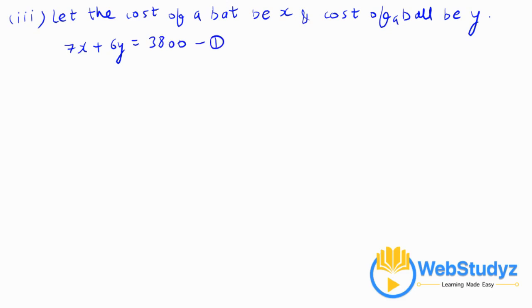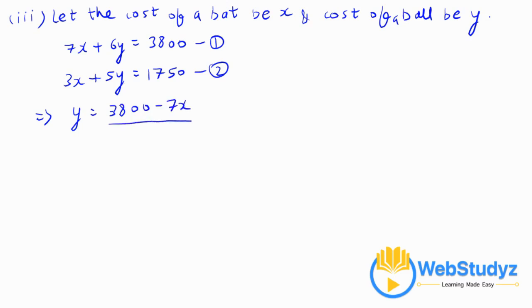This is our first condition. And second is 3x plus 5y equals 1750. This is our second condition. From first, we get the value of y as (3800 minus 7x) divided by 6. This is our first equation.